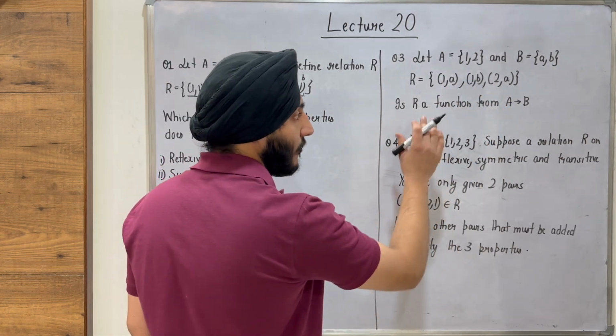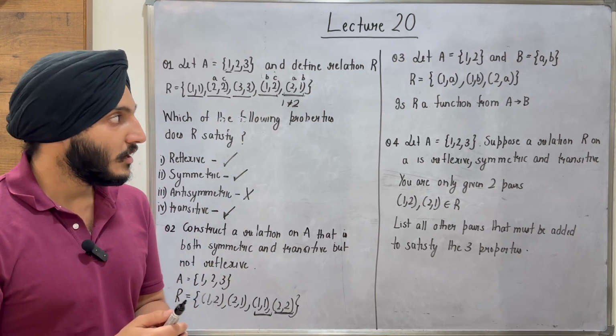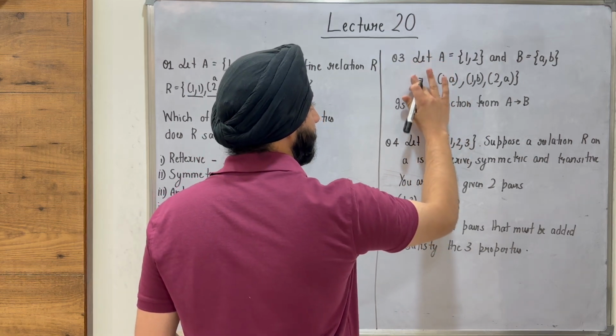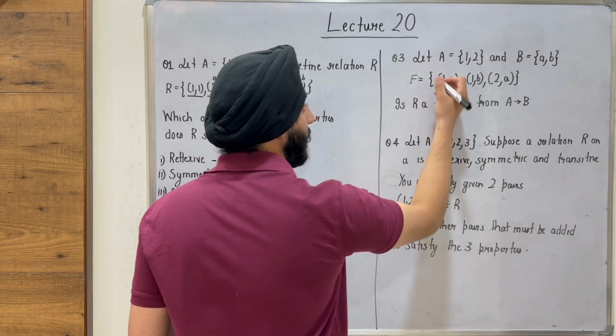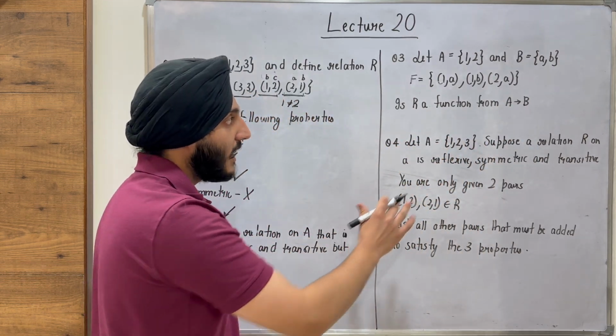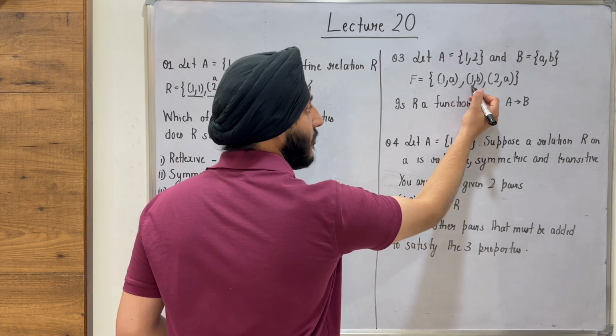But when we talk about a function, I told you that there's a specific condition that we understand in a function. So if this was a function f, let's say if I change this to f = {(1,a), (1,b), (2,a)}, is this going to be a function or not? And the answer is no. Why? Because 1 is related to a and 1 is also related to b.